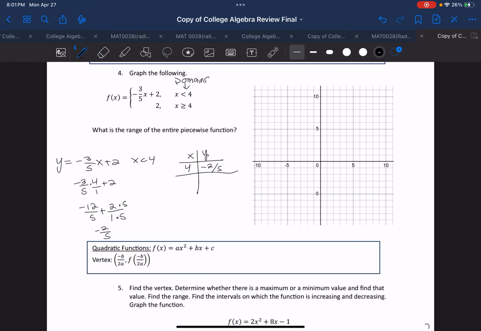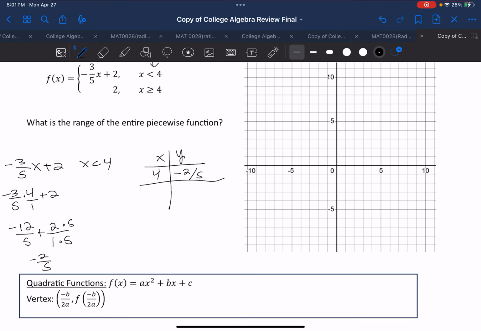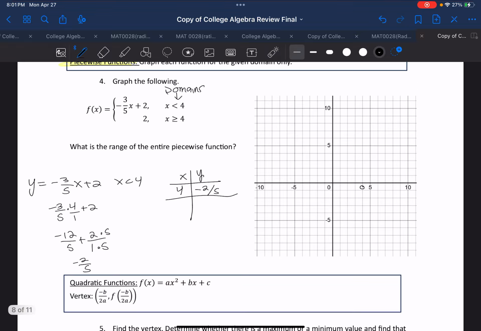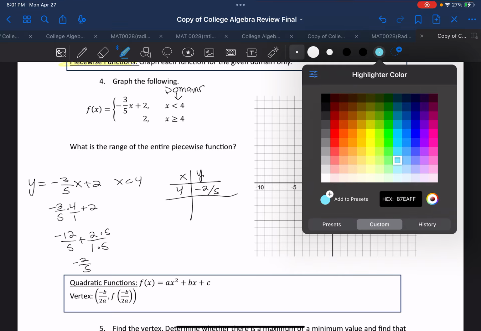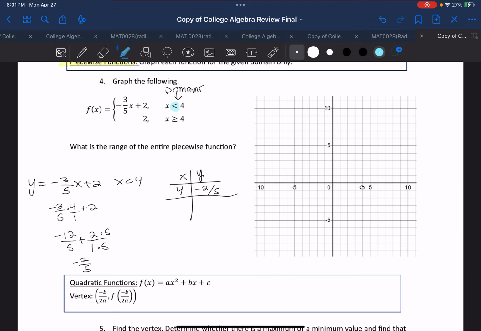Okay, so that point is around 4, -2/5 is between 0 and 1. So that'd be around right here. And that's going to be an open circle because it cannot equal 4. Strictly less than 4. We plugged 4 in for the first piece, just so we could see what was happening.